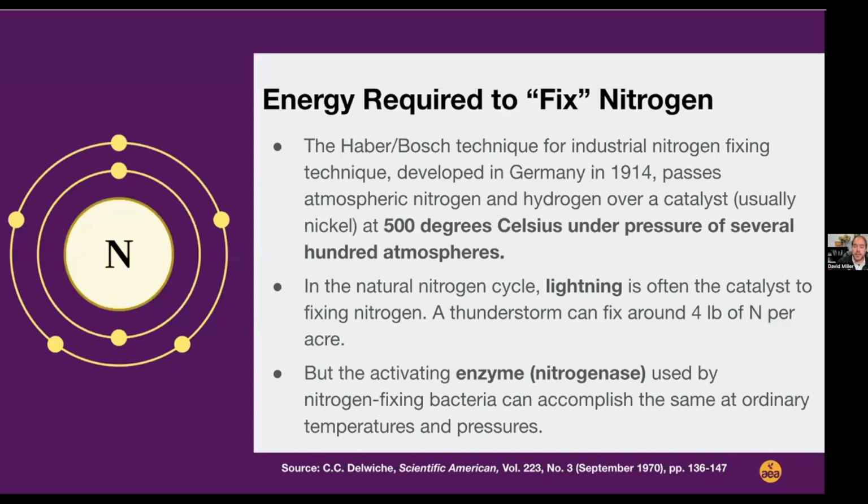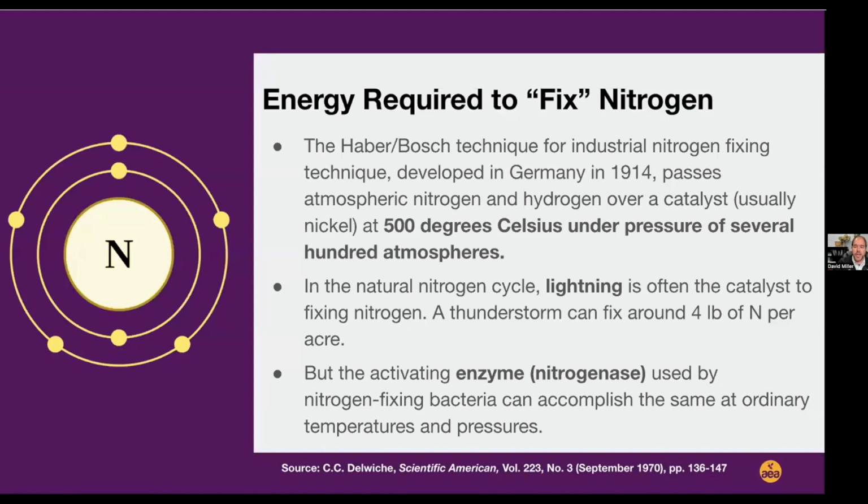You've all probably seen a nice thunder shower, and it looks like the corn just grows. Well, that's because a thunderstorm will actually fix some nitrogen. The heat and the force that lightning puts out will break some of those N2 gas molecules and fix some nitrogen.